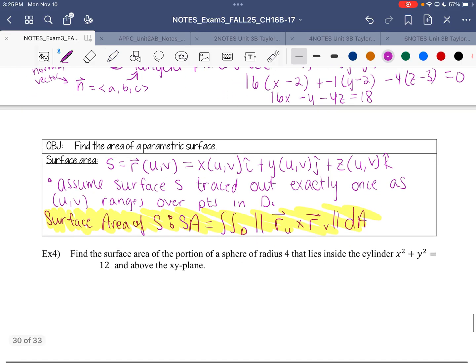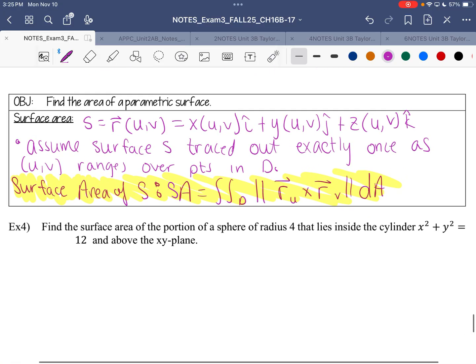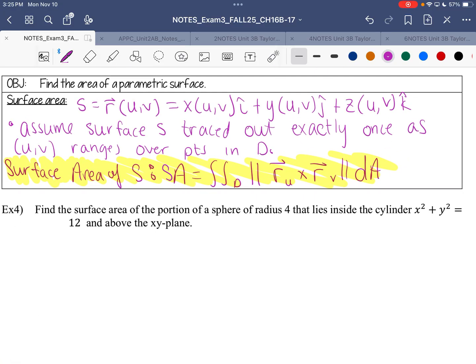Okay, so if you have some surface, the whole point of reparametrizing things that we were doing at the beginning of this section is to be able to find the surface area of a cylinder or a sphere or whatever shape and use this formula, which is the double integral of the cross product of the partial derivatives.